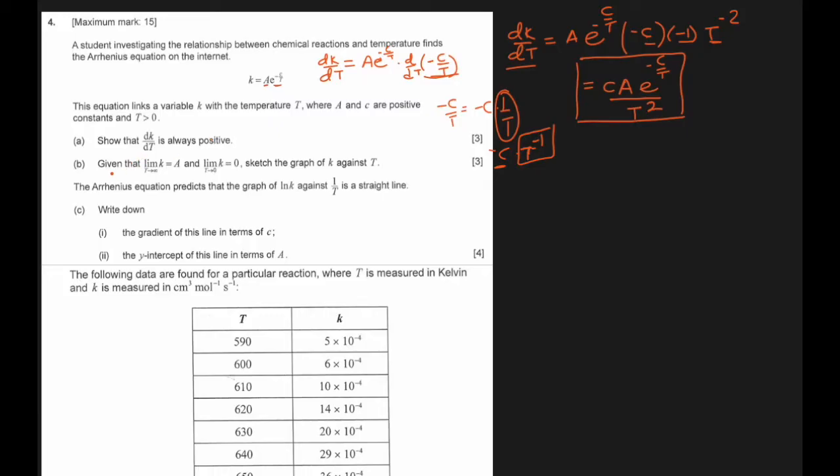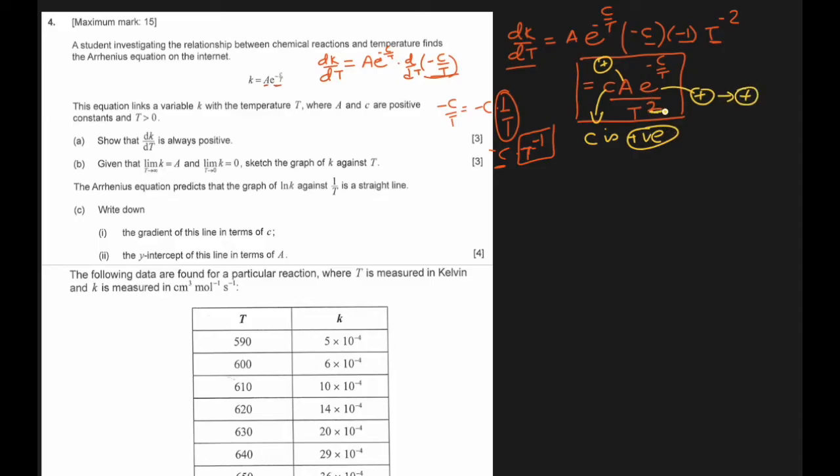All right. Oh, we have not done it yet. They're saying show that dk over dt is always positive. So we have to show that this is always positive. So c is positive, given a is positive, given e is positive, and a positive number, whatever the exponent, positive or negative, does not matter, it will always give you a positive number, right?